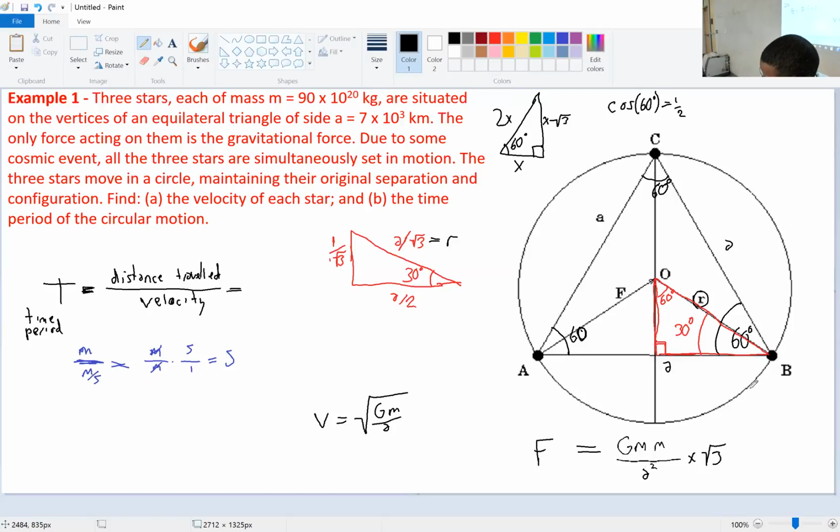So the distance traveled all the way to make one cycle, divided by the velocity.